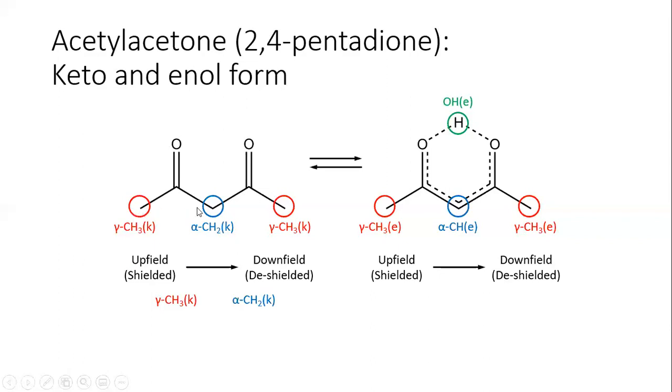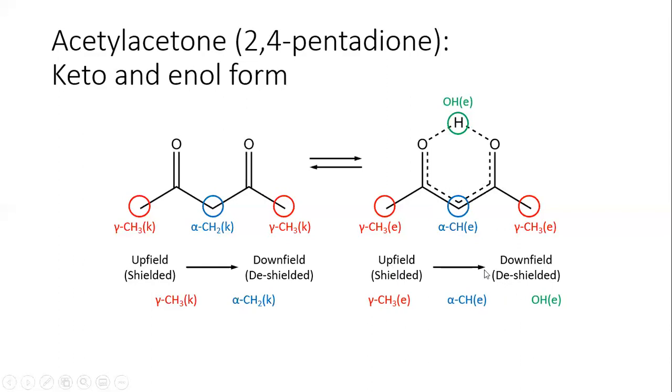So here, none of these protons is directly connected to oxygen, while this proton is directly connected to the oxygen in the enol form, which means that this proton is actually going to be the most downfield compared to this group, and even compared to these groups, right? So now in the enol form, we can see that the ordering is going to be gamma methyl going to alpha CH going to OH, and it's going to be more downfield in this direction.